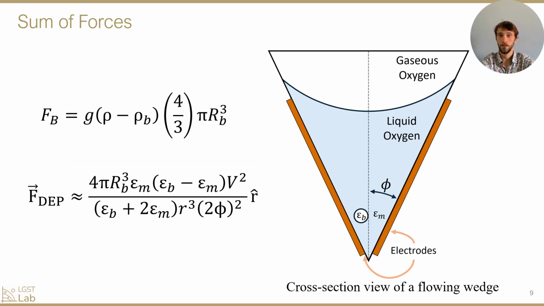If we want to know whether this bubble makes it out of the flow to join the gaseous oxygen up here, or if it doesn't, we need to know what forces are acting on it as it moves through the wedge. So we apply a voltage to these electrodes, and we see that there's a dielectrophoretic force which acts radially outwards from the vertex of the wedge.